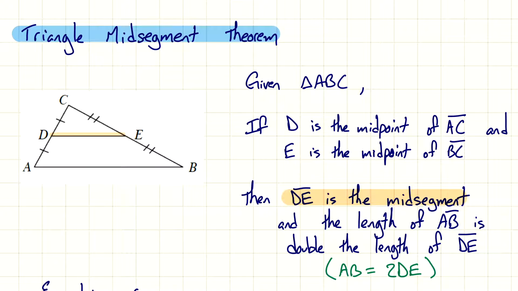All right, let's see if you're paying attention. If I say DE is, let's say, 10, what does AB equal? All right, let's see if you got that right. So this is 10, this is 20.